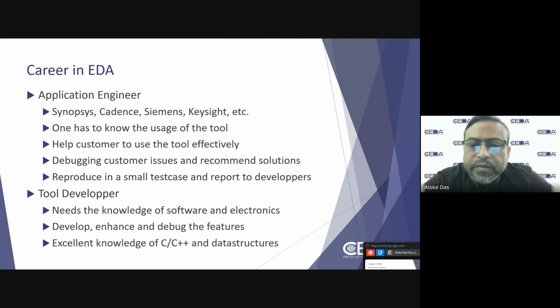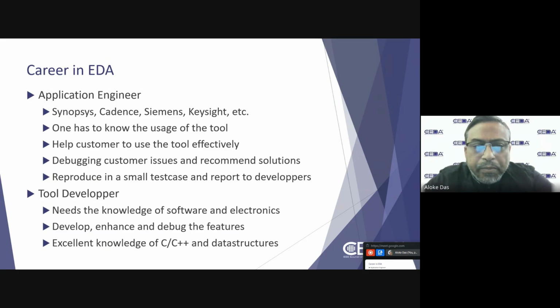Because designers in those companies don't have much knowledge about software, if you can help them, that is valuable, because they don't have time to read the manual, right? It's a 750 or 800 page document, and it is not possible to know each and every feature and how it works.